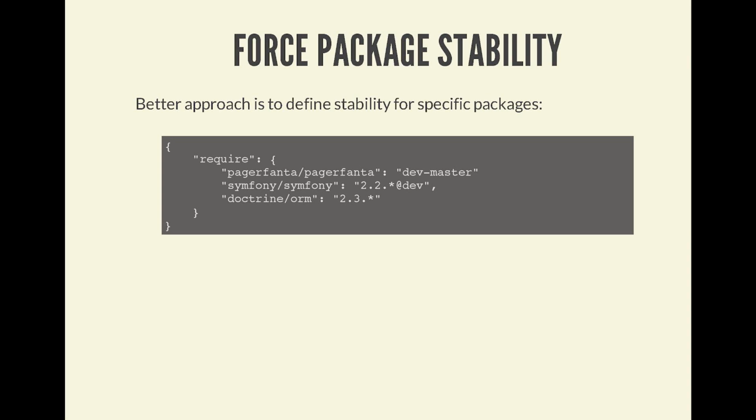A better approach is just to define for a specific package what stability should be used. It can simply be pointed to as a branch or by tag, which is the same as the minimum-stability option in composer.json.